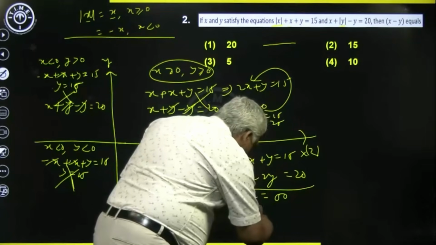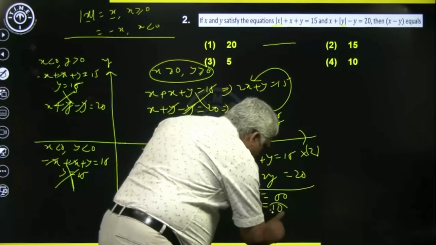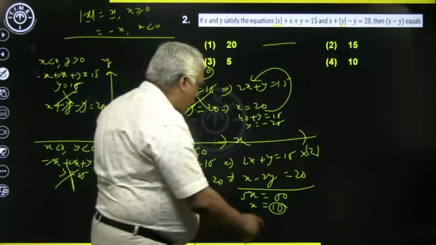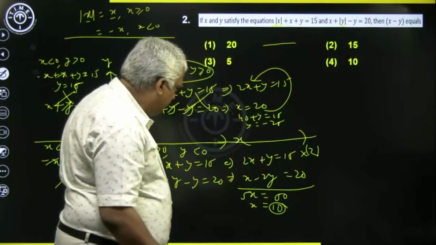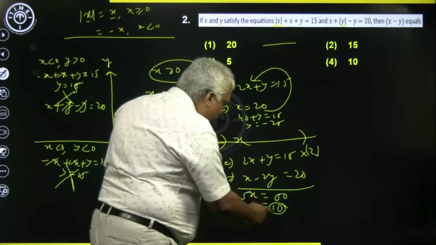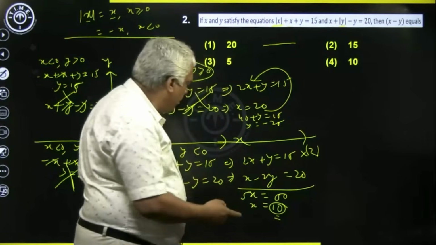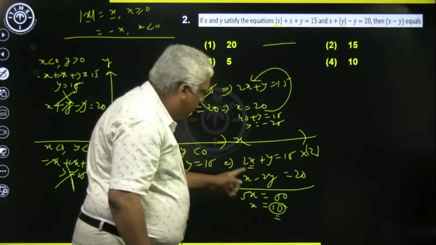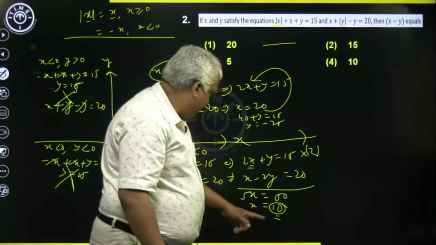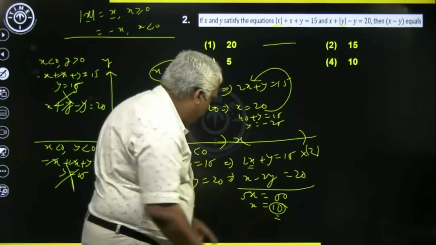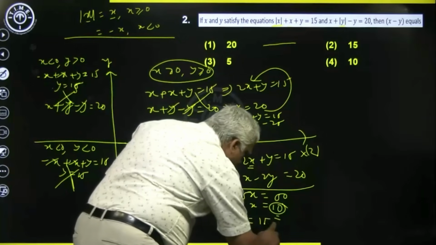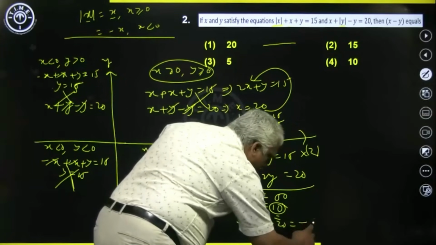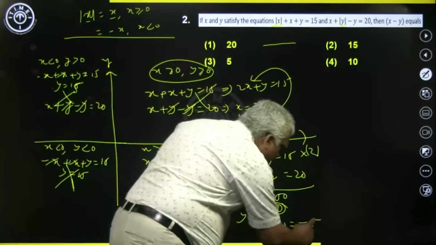So we got x = 10. Put the value of x = 10 in any one of the equations, let us say here. 2 times 10 is 20, so y will be 15 - 20, which is -5. So y is -5.